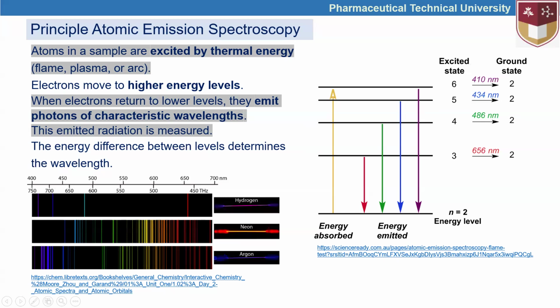If you remember, we talked in our previous lessons, we said that the shorter the wavelength, the higher the photon energy. So here we can observe that the higher photon energy belongs to violet and blue colors, let's say.